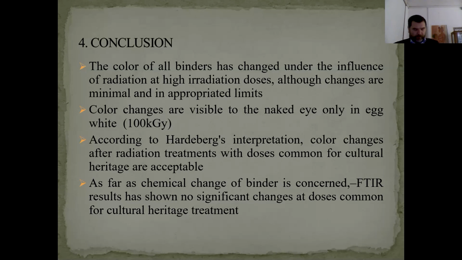According to Heidelberg's interpretation, color changes after radiation treatments with doses common for cultural heritage are acceptable for all three examined protein binders. As far as chemical change of the binders is concerned, infrared spectroscopy results have shown no significant changes at doses common for cultural heritage treatment.